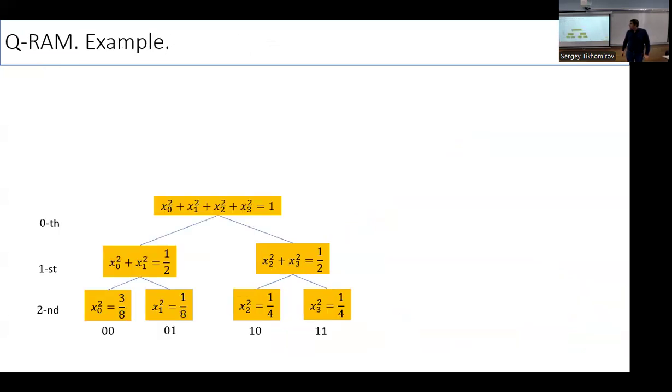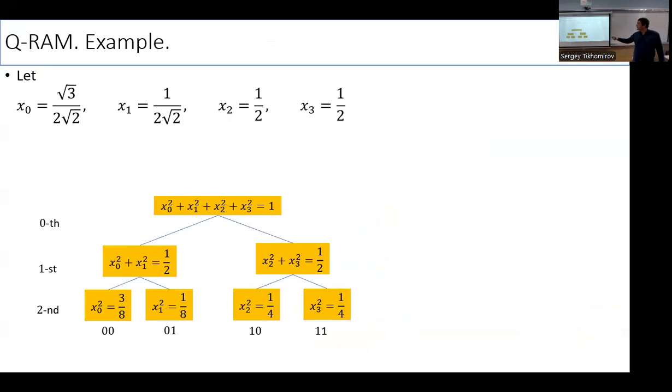So let's construct such a tree. Assume that we have this list of numbers which we would like to upload. On the bottom we write 3 over 8, because this is the square of this number, 1 over 8, because this is the square of this number, 1 over 4, 1 over 4. Because there are 4 numbers, we have 4 leaves.